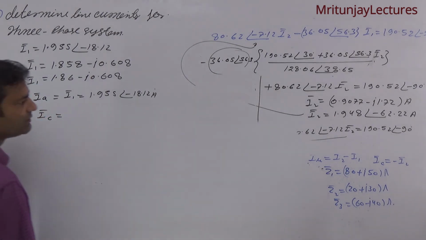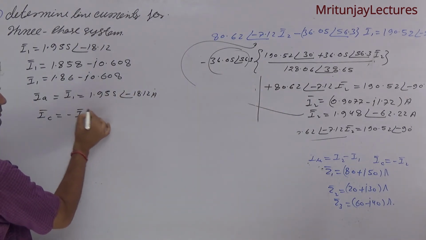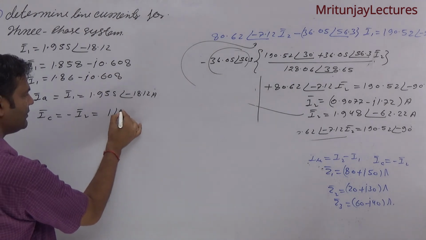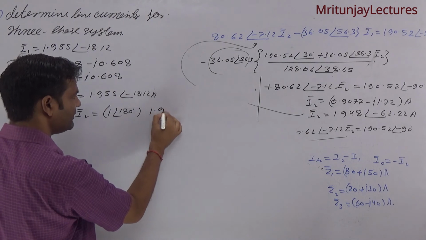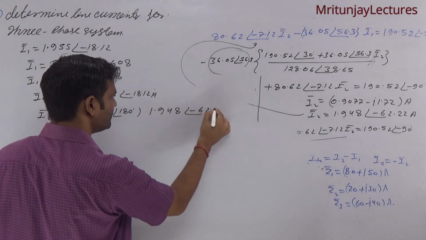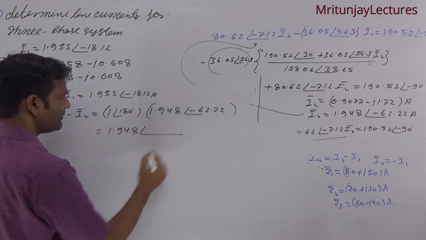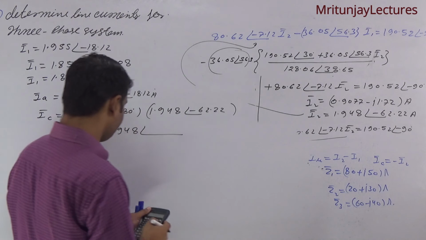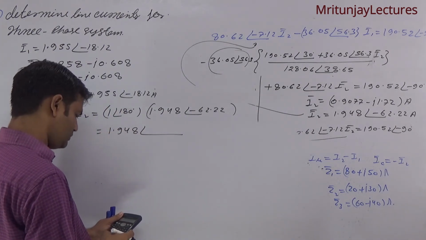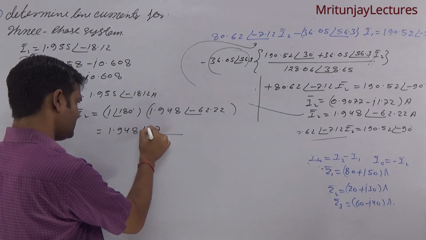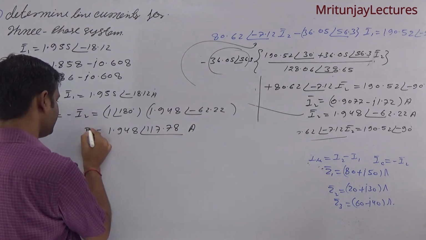Minus I2 means 1 at the angle plus 180, or written as minus 180, into 1.948 at the angle minus 62.22. So we got 1.948 at the angle 180 minus 62.22, we got 17.78 ampere, that is IC.